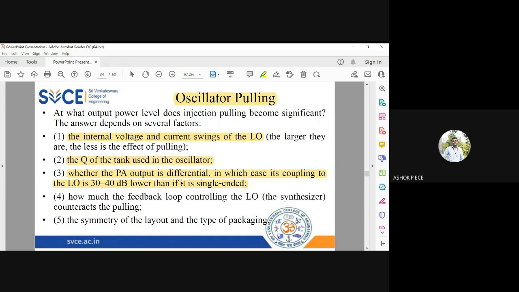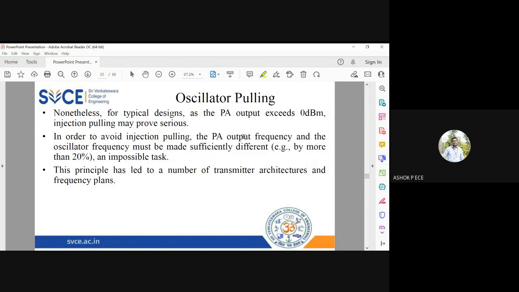Single-ended is between the collector of Q1 and ground, differential is across the collectors of Q1 and Q2. Whether you have a feedback loop to overcome pulling, and what is the symmetry of the layout. So if you answer all these questions, you can clearly say whether oscillator pulling is present in your circuit or not.